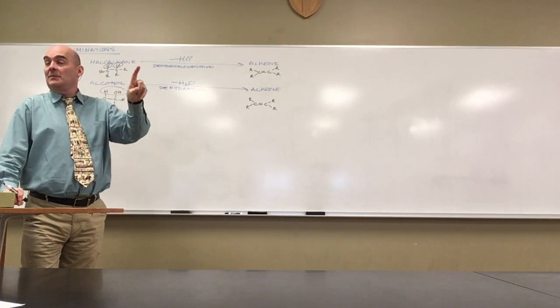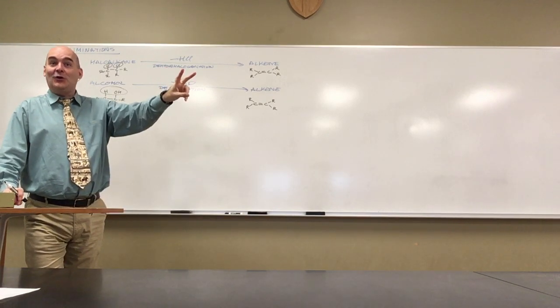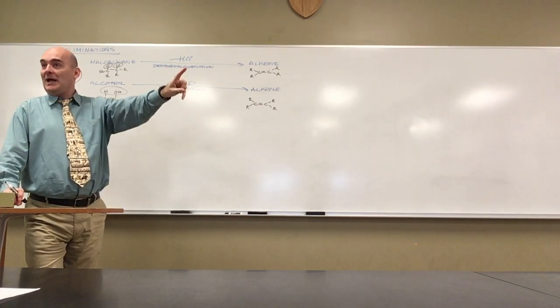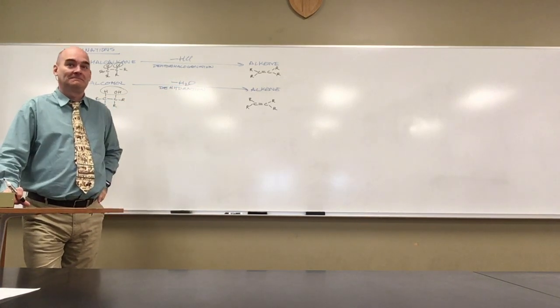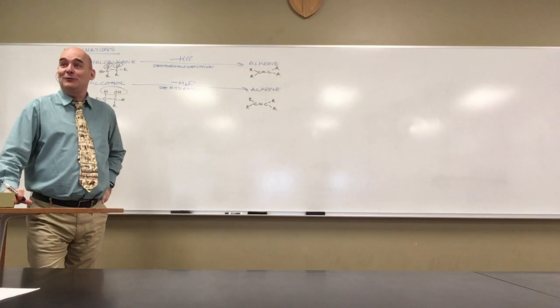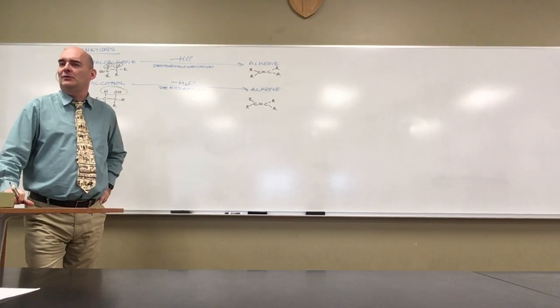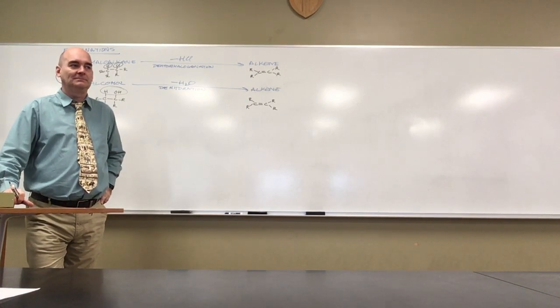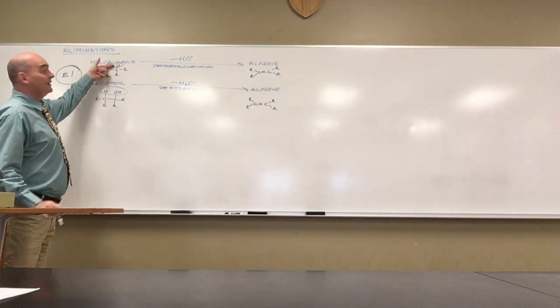Let's call them step 1 and step 2. What happens in step 1 of an E1? The leaving group leaves, yeah. All right, how are we going to recognize a leaving group? It's electronegative.